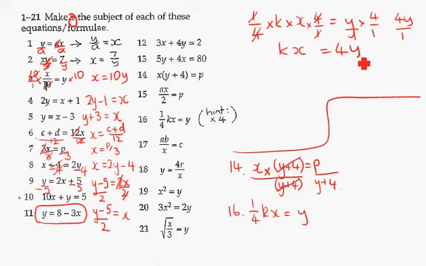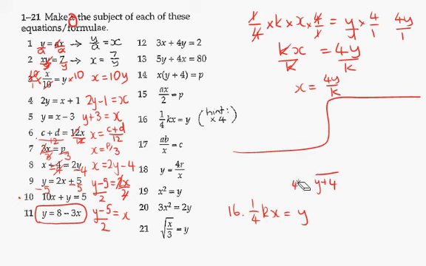Whichever way you think about it, y times 4 is just 4y. And now we divide both sides by the k to eliminate it. And I get x equals 4y over k. So you have a look at that and check you agree with it. Maybe pause and try it again by yourself.